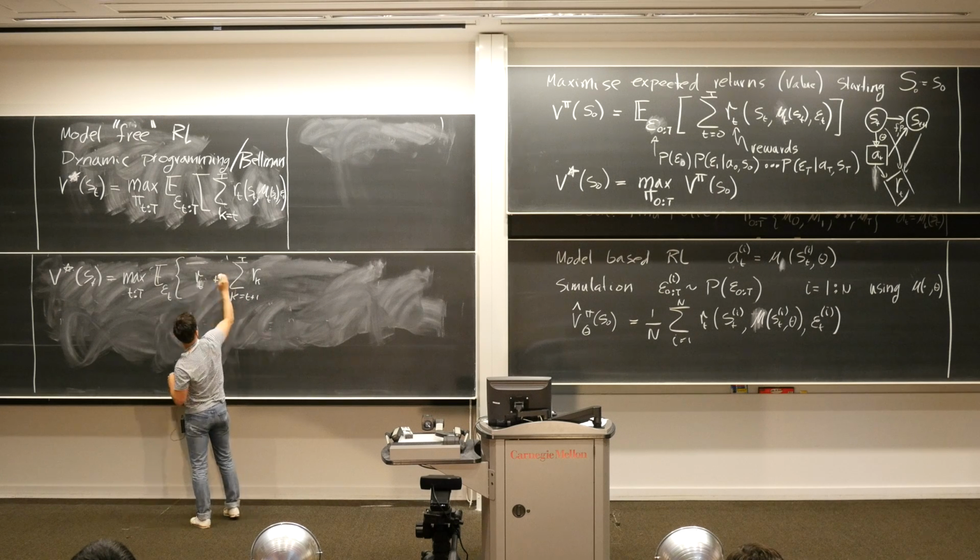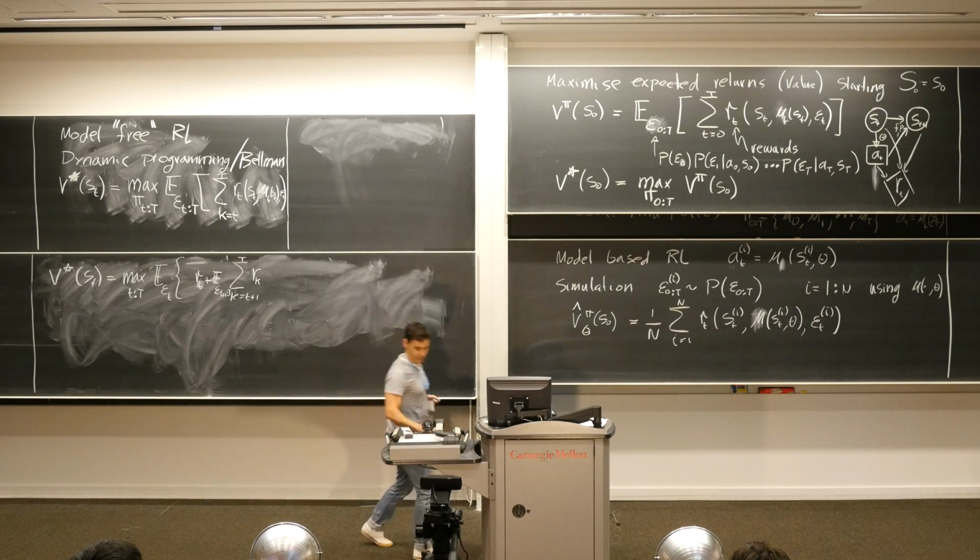And I've moved an expectation inside. And this was the expectation from, run out of space, t plus 1 to T. Actually, let me rewrite that so that it's clear.